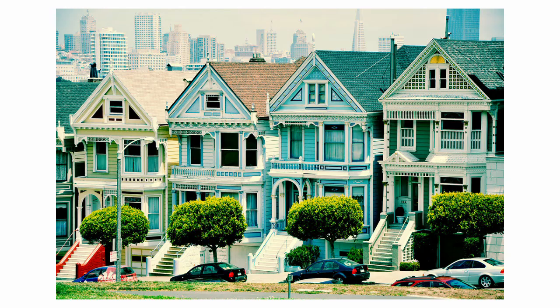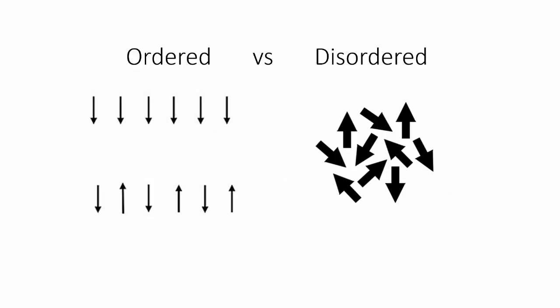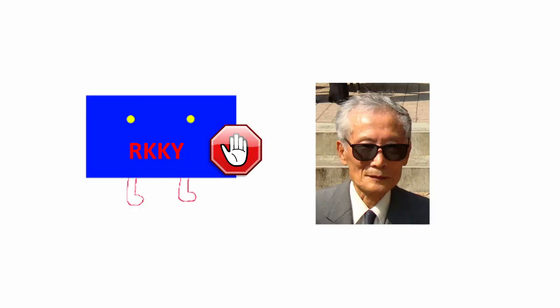Because of this interaction between neighbouring magnetic impurities, their spins can be ordered either ferromagnetically or antiferromagnetically. This magnetic order is at odds with the screened impurities, whose magnetic spin could point in any direction, and so the RKKY interaction prevents the Kondo effect from taking place.